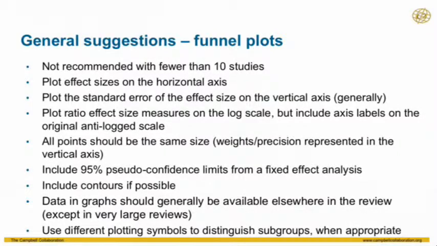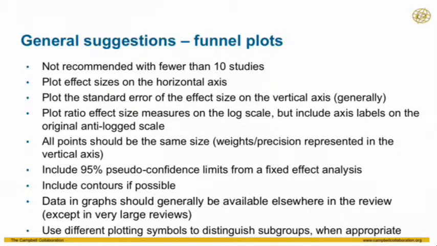In general, you want to plot your effect sizes on the horizontal axis and the standard error of your effect sizes on the vertical axis. All points should be the same size because the precision is reflected in that y-axis. It's useful to have your fixed effect mean reference line and some 95% confidence intervals around there, because that really helps readers look at and assess the symmetry.